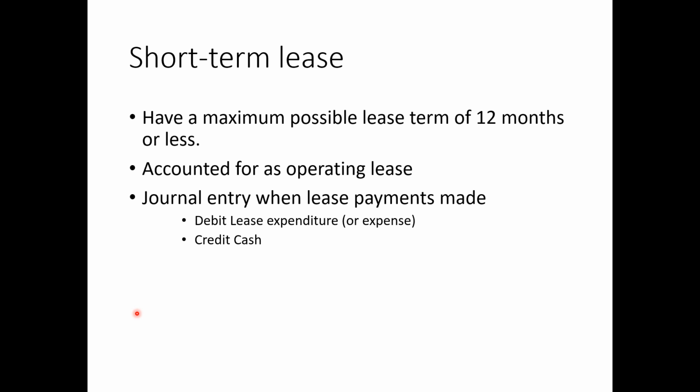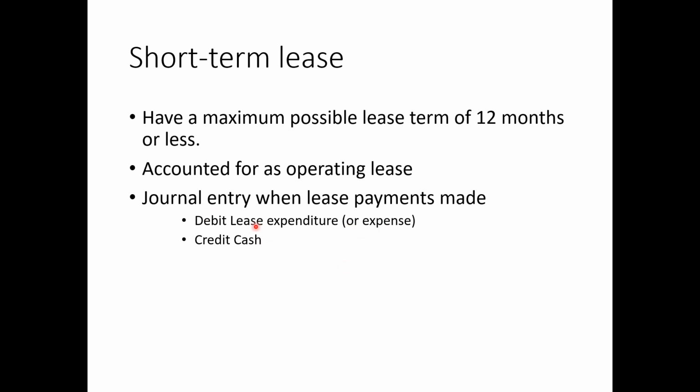Alright, so let's see how a short-term lease is recorded. A short-term lease has a maximum possible lease term of 12 months or less. A short-term lease is accounted for as an operating lease. The journal entry when a lease payment is made is very straightforward for an operating lease: debit lease expenditures or lease expense, and credit cash.